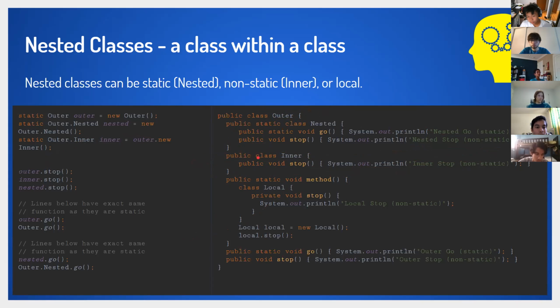And now, in order to make an instance of this inner class, you have to have a reference to an instance of the outer class. So here we say outer, this is a variable, not the class itself. So we're referencing this variable, an instance of outer, dot new Inner. The reason for this is that a static nested class is not able to access the member variables of the outer class.